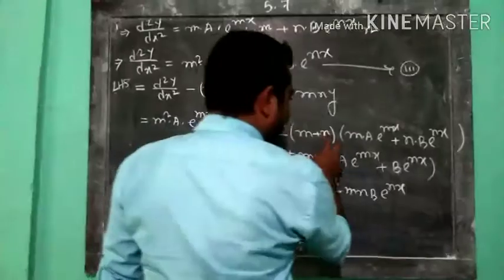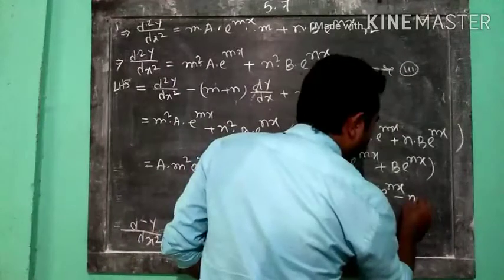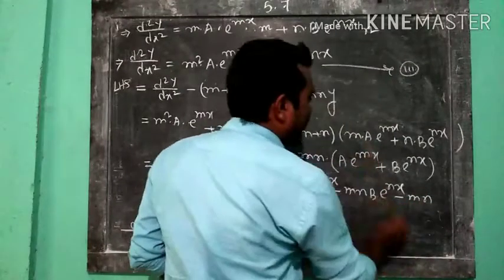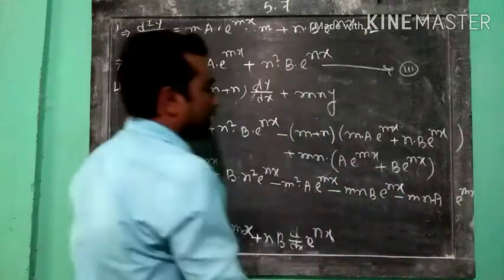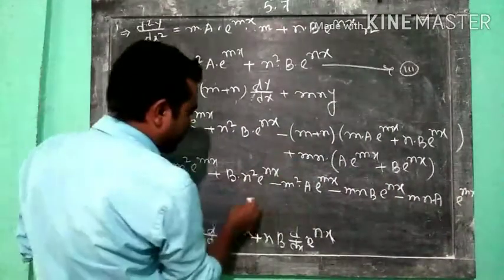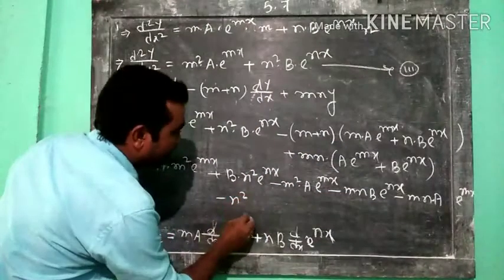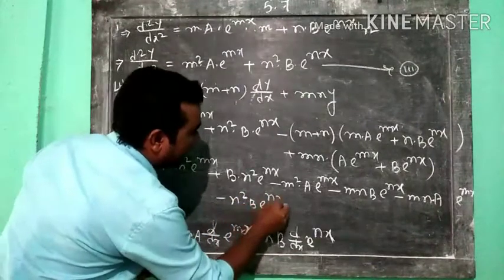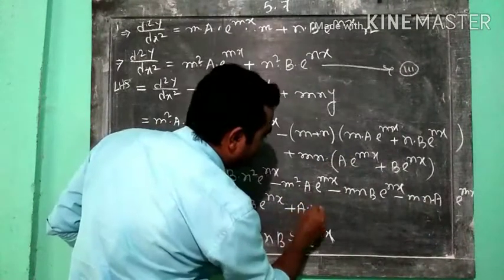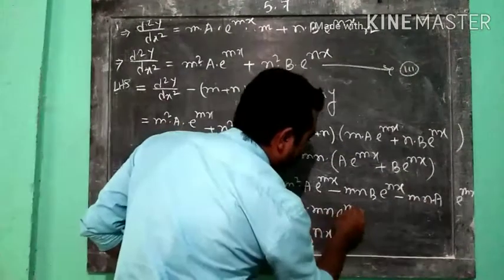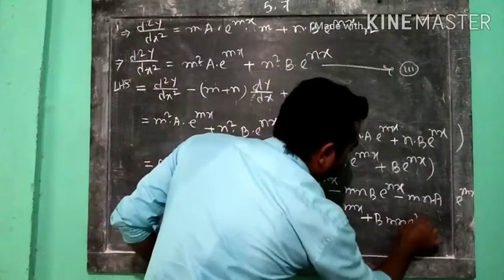Again if we multiply this with this, this is also minus mn into a e to the power mx. This is minus n into n, n square b e to the power nx, plus mn a e to the power mx plus b mn e to the power nx.